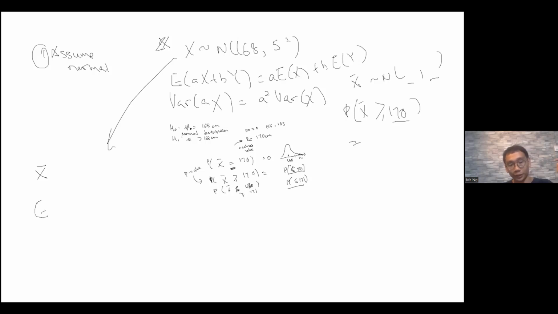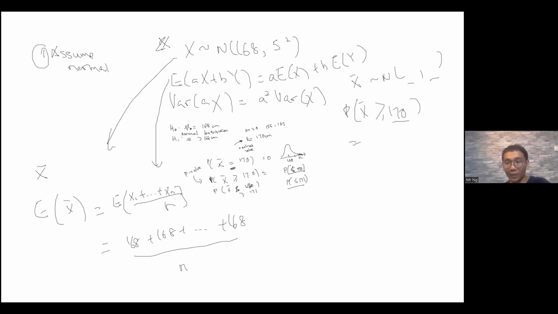So the expectation of x bar equals the expectation of (x1 plus dot dot dot plus xn) divided by n. Making use of this property, we will know that it equals 168 plus 168 plus 168, then divided by n.